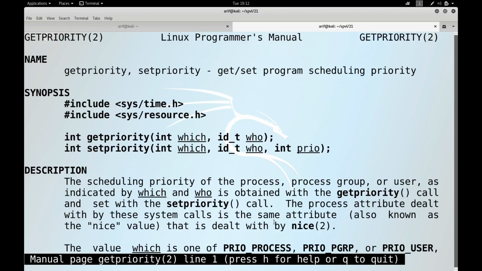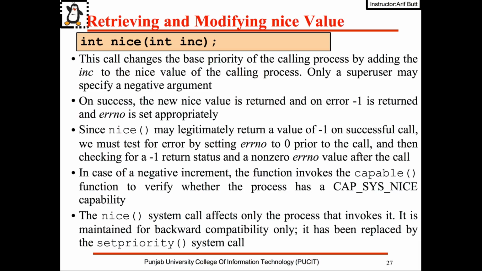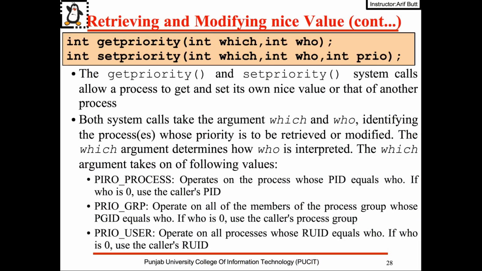So this is the man page of getpriority. Let me move on to the terminal, and if I have a page for this, yes, getpriority and setpriority. So remember, we have two arguments over here in getpriority, which and who. And this which and who basically identifies the process whose priority is to be retrieved or modified.